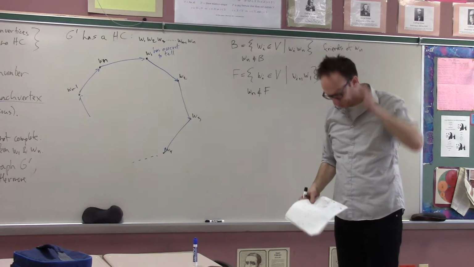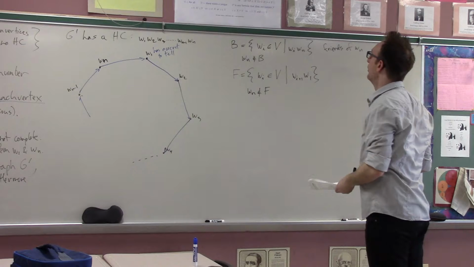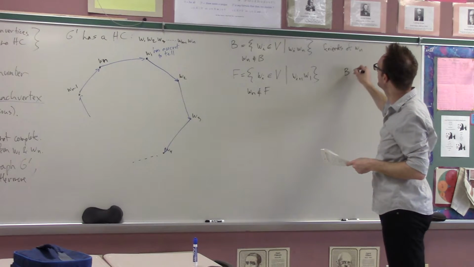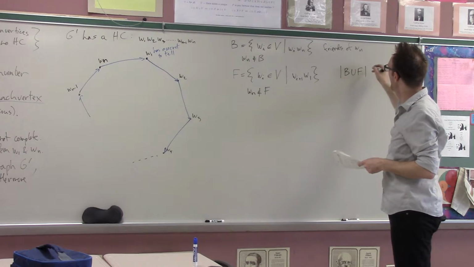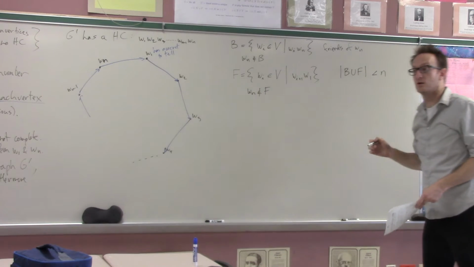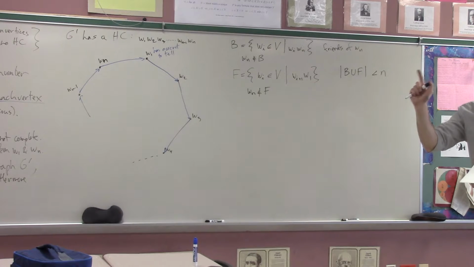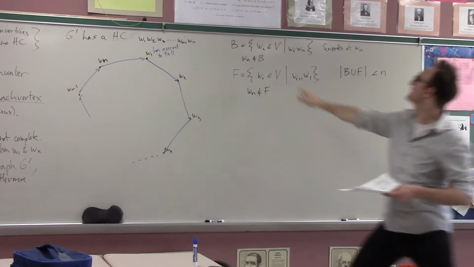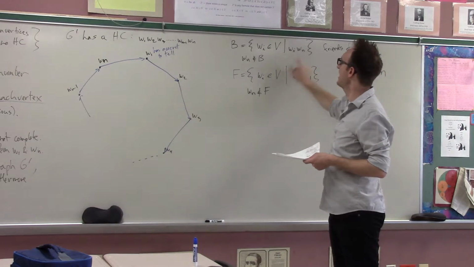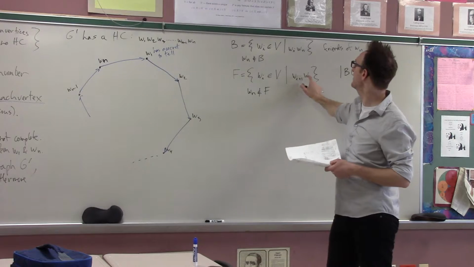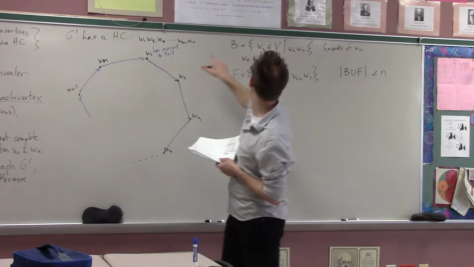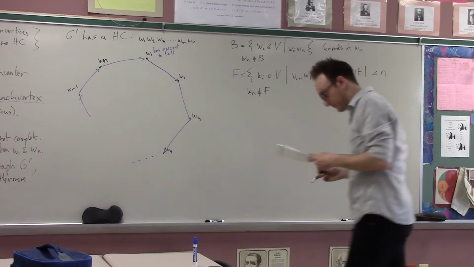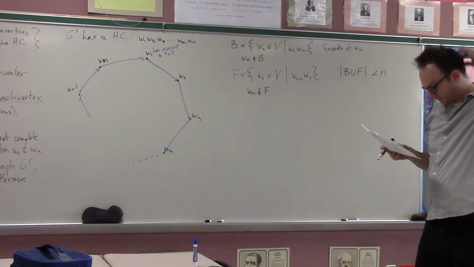Okay, so since that is true, what this means is that if I union these two sets together, that has to be less than n, because I've just given a particular vertex which is not in either of those two sets. That's Wn itself. Wn's not in B because you can't be friends with yourself, and Wn's not in set F because if it were, that would be saying the person that, well, I think this is clear, right? Because W1 isn't friends with itself. Okay, good.